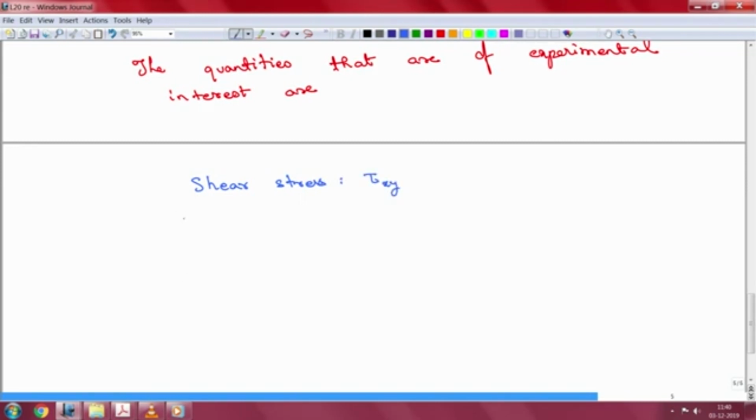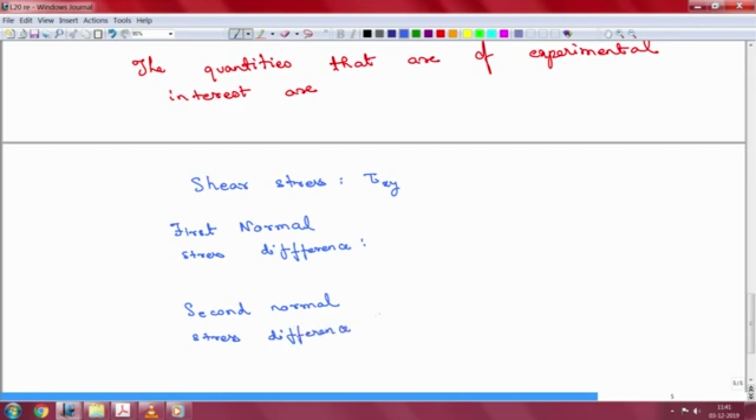And then you have two other important terms which are called the first normal stress difference. Sorry, I wrote a double L in normal, this is only one L. And similarly, you have another term which is going to be called the second normal stress difference. I'll define mathematically these terms in a second here.